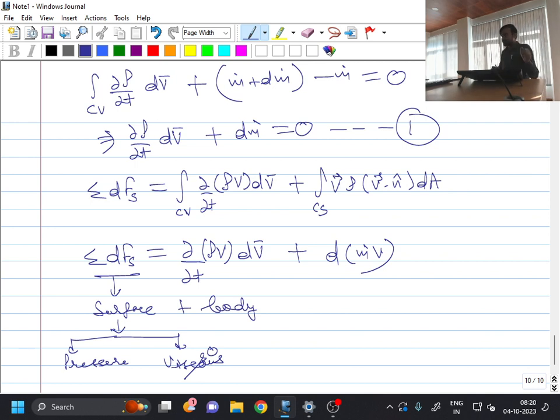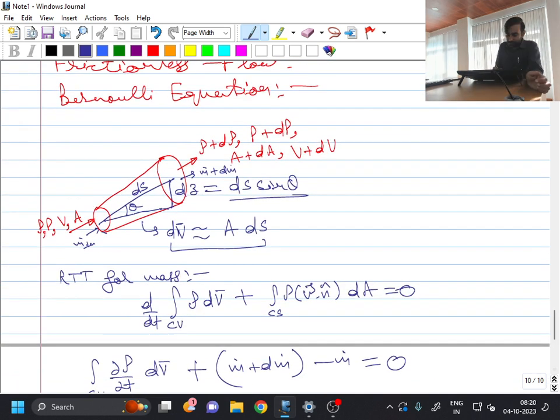Body force will come because of the weight of the fluid. So can you tell me what is the weight of the fluid? The weight of the fluid will be rho g times dV bar, but we have to consider the component of this weight which is acting in the direction of the streamline. So along this I will find a sine component.